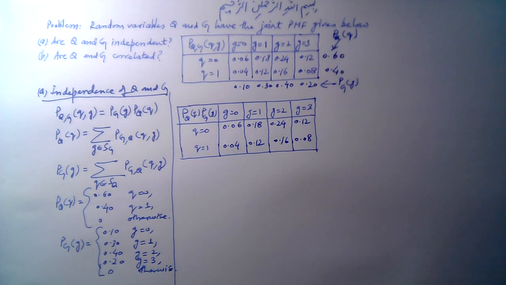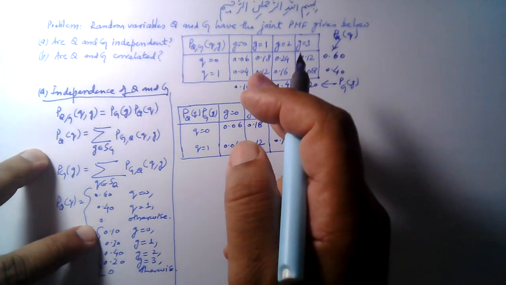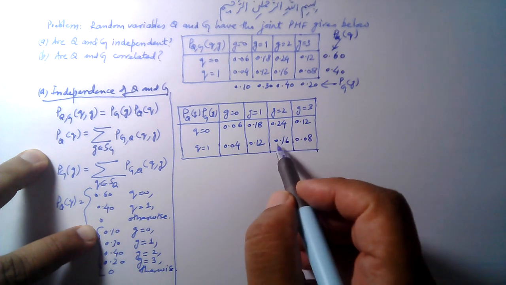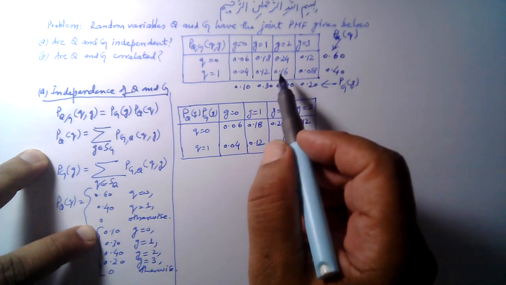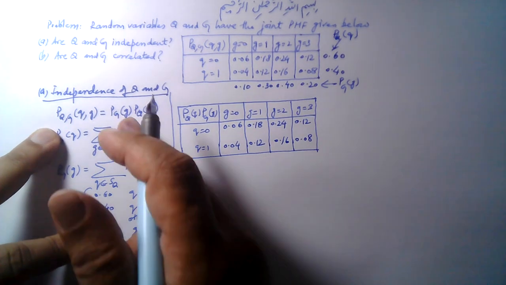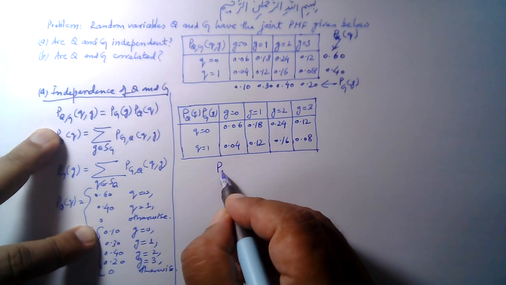So if we look at this table and compare it with this one, all the values here, all 8 values here are the same as what we have here. So in other words, we can say now that this equality holds.